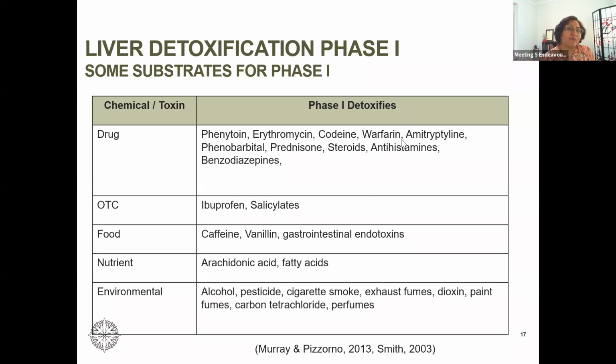If that doesn't happen, those cells start degenerating, because the body's defense mechanism is to fight it out, to get rid of it. In doing so, those cells die fighting. That's why when you go for your blood test, you notice many of those liver enzymes are elevated. So that's your sign.